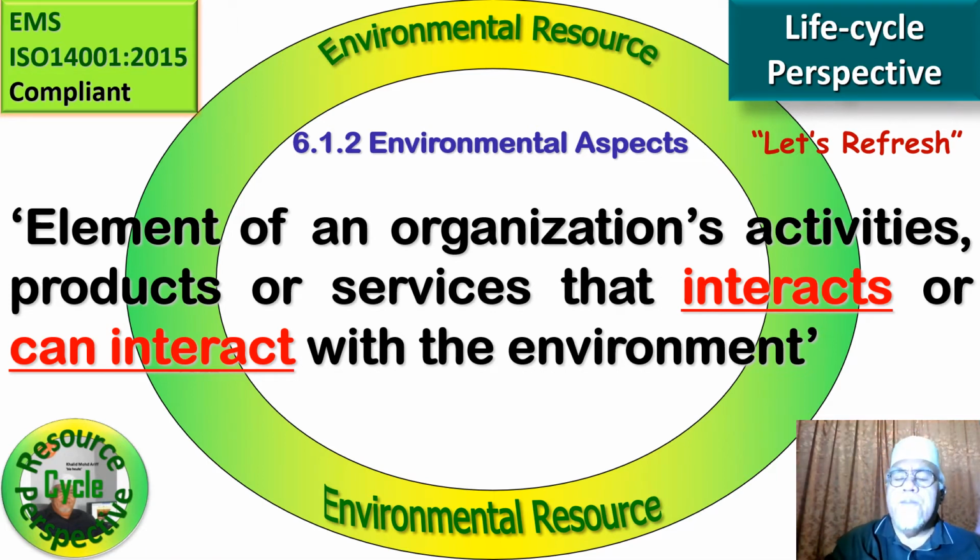So we are managing these environmental aspects by fulfilling compliance obligations, and also by addressing risks and opportunities that may arise or potentially arise from activities and processes involving these environmental aspects.